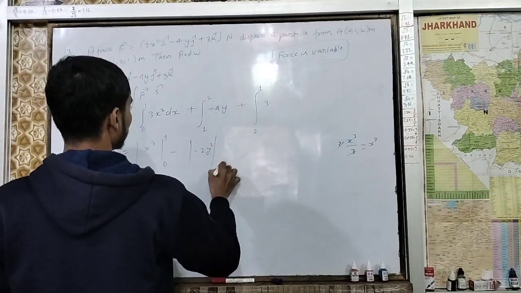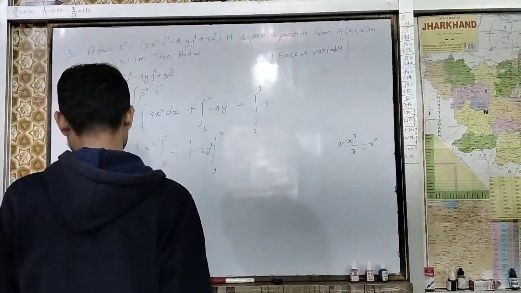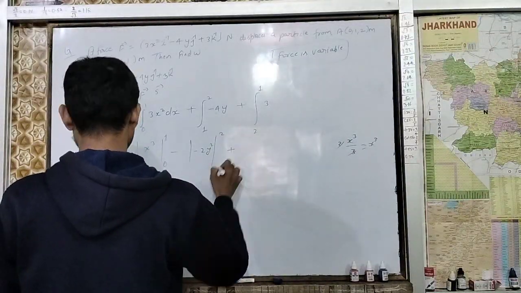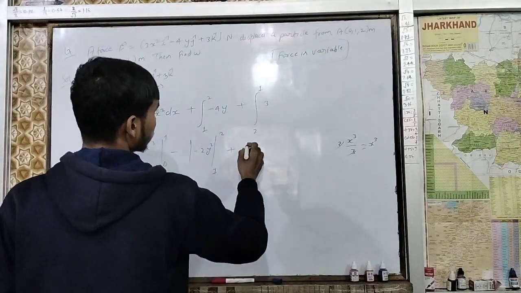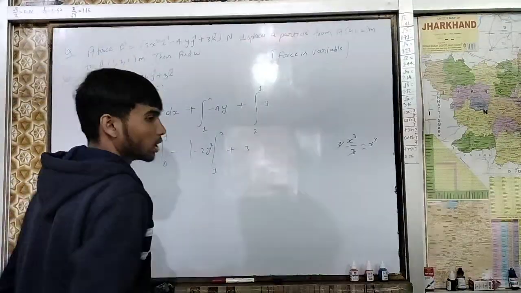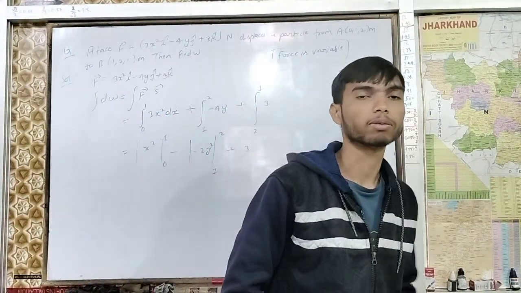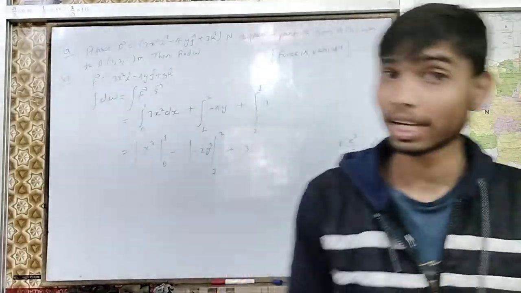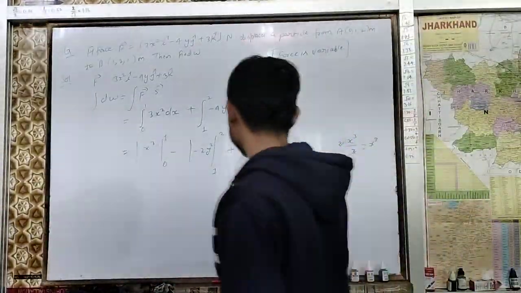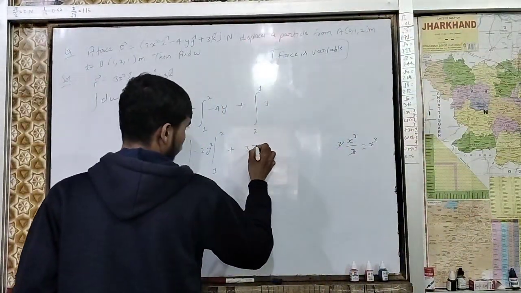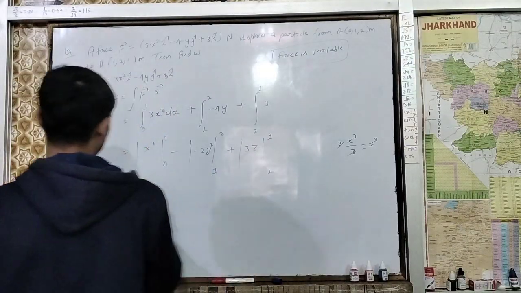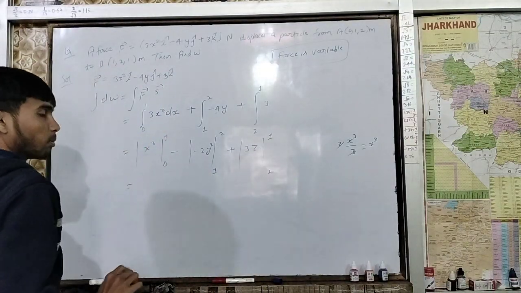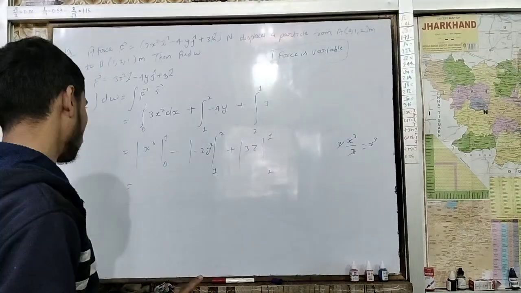Limit is 1, 2. Then we have one addition more. Integration of 3 will be 3z. This is a constant, and we know that integration of a constant gives the variable, so here it becomes 3z. Limit is 2, 1. First of all we will put 0 in the place of x.